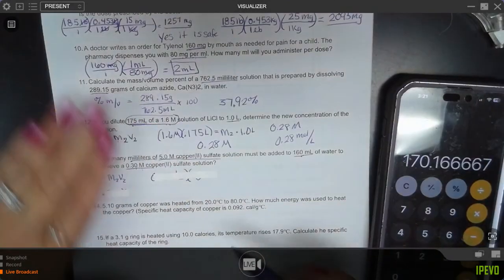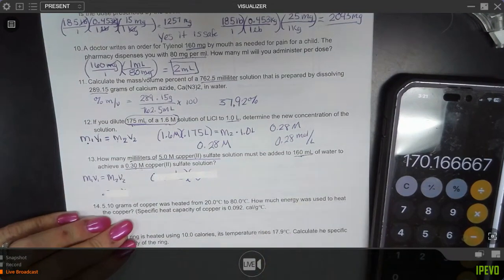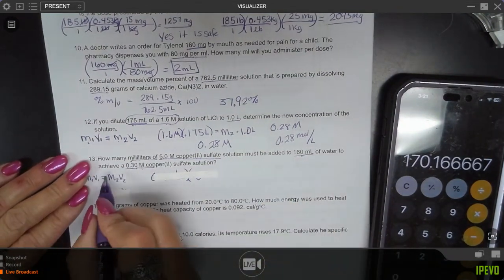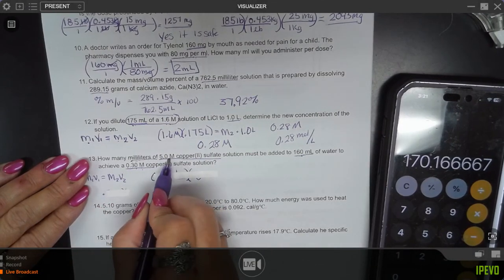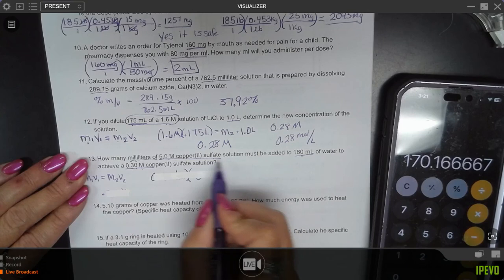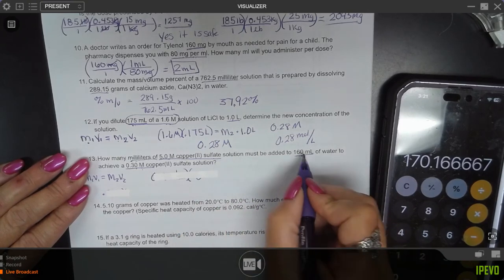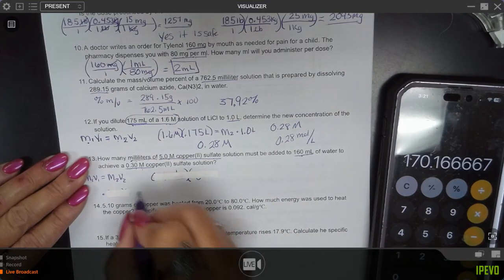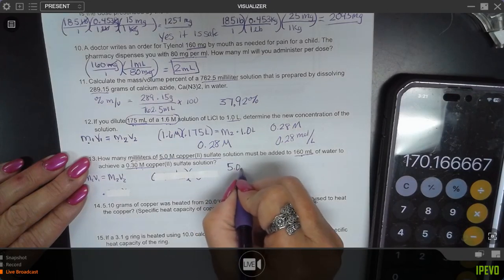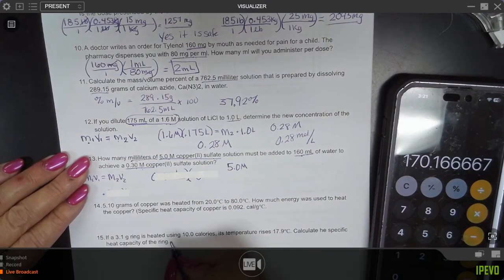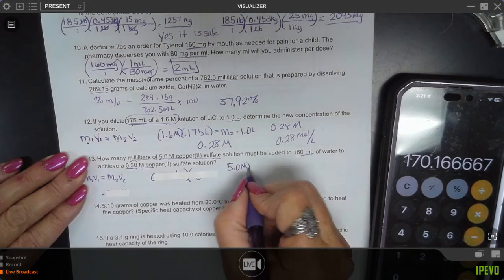All right, they'll have something this hard on the test. But here's what you have to think about. Okay, it says how many milliliters of 5 molar copper sulfate solution must be added to 160 milliliters of water. Okay, so what we've got to think about is M1 is 5.0 molar. Okay, that's the amount of solution. Okay, and we're adding some amount.